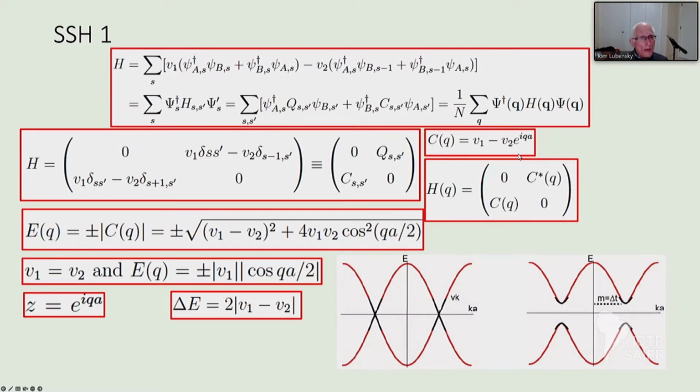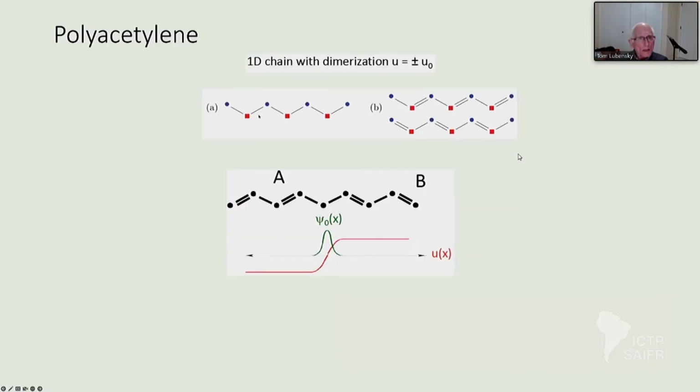Going back to the previous slide, I'm going to call the single line weak bonds V1, and the hopping elements are V1, or V2 for the double line here, which means that it's usually a stronger bond.